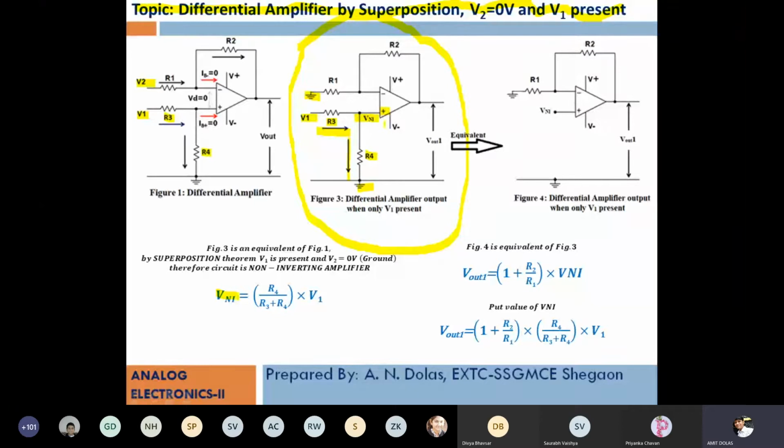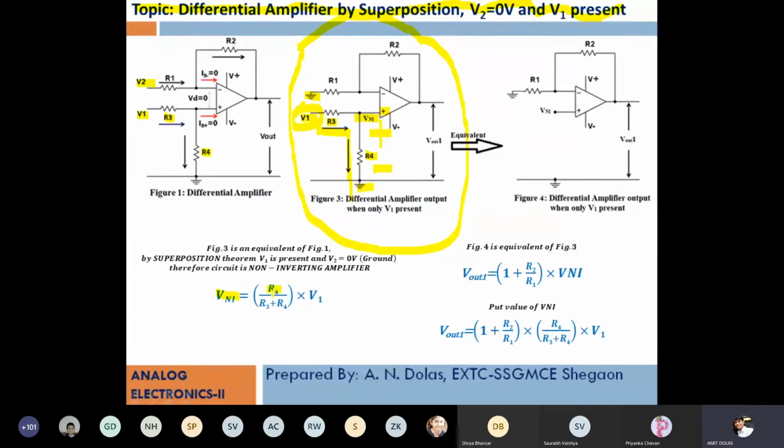And the voltage at the non-inverting terminal can be calculated simply by voltage divider law, because it will be the voltage across R4, which I have shown with polarity plus up and minus down, because current is passing from the non-inverting terminal towards ground. So VNI is nothing but the voltage drop across R4 due to the effect of V1. Applying voltage divider law, the resistance across which we need the voltage, R4, goes in the numerator, divided by total resistance R3 plus R4, multiplied by the applied source V1.